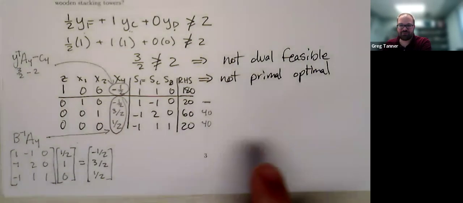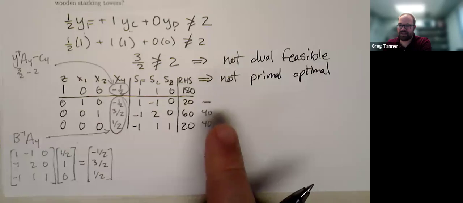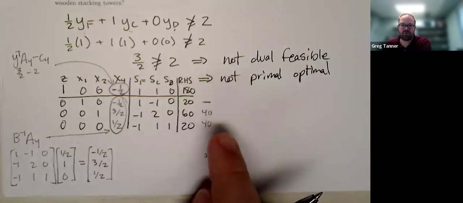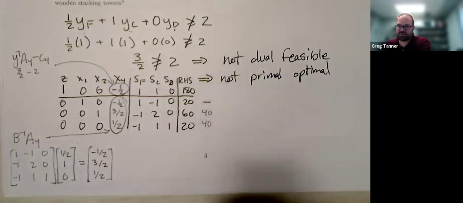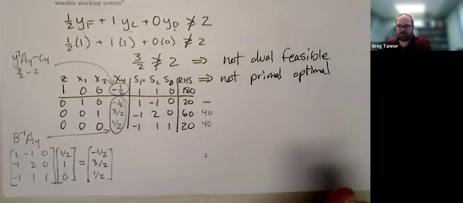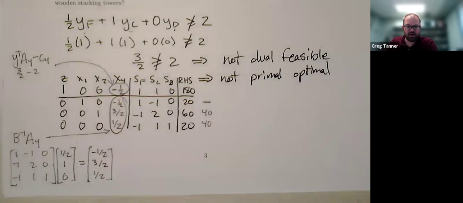And so, interesting thing happens here: we've got a tie for exiting basic variable. When that happens, you can really choose either of them to be your exiting basic variable. We'll end up at what's called a degenerate solution. So I'll pause the video, fill in what the next Tableau is, rather than walking you through all the steps here.